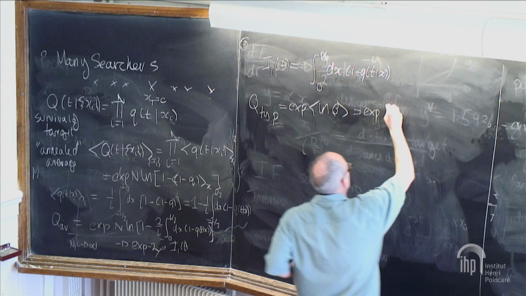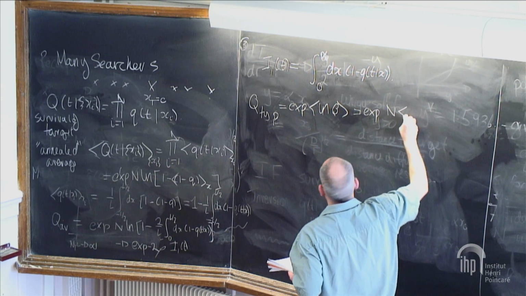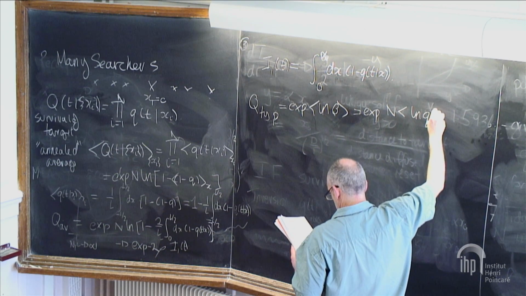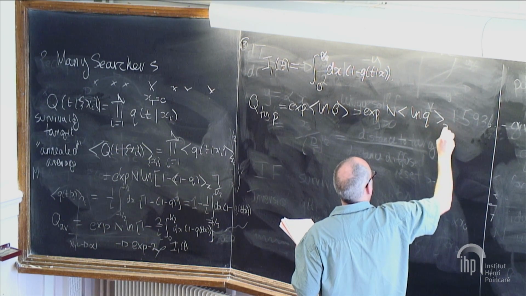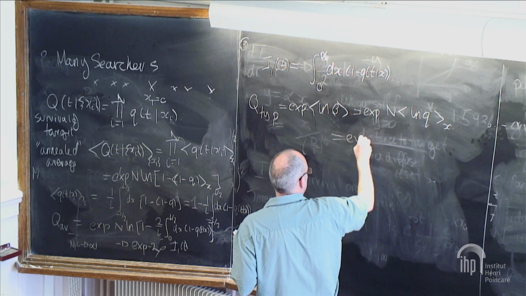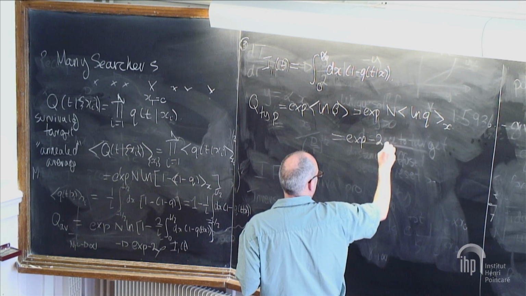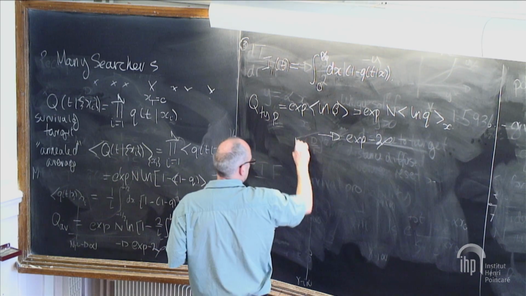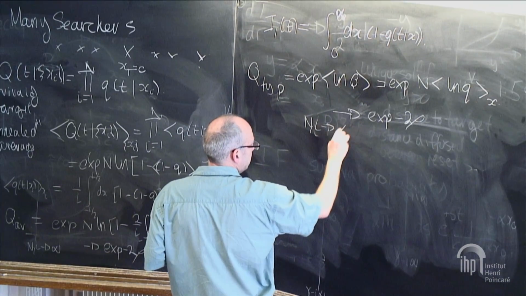So when I average, I'll have n average log Q with respect to x, which will become exponential minus 2 rho. This is in the limit n and L go to infinity.